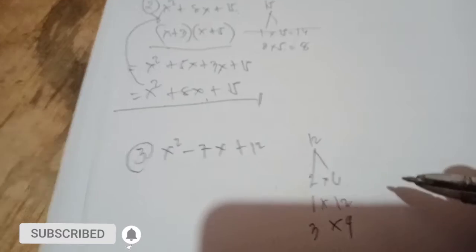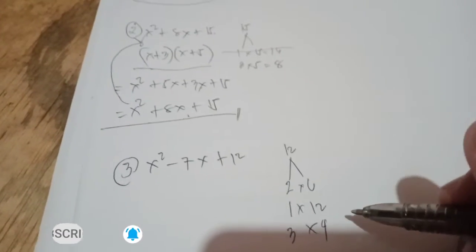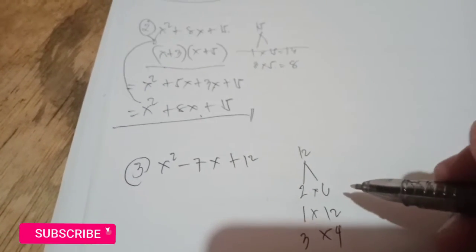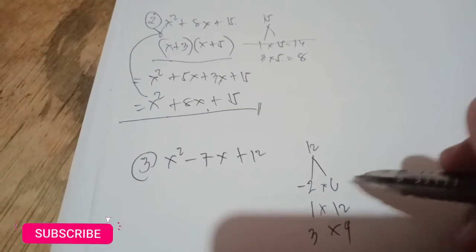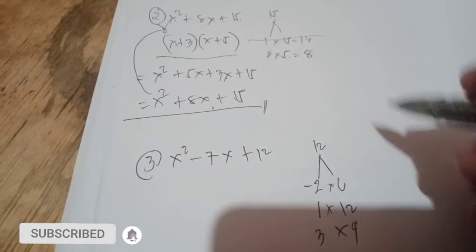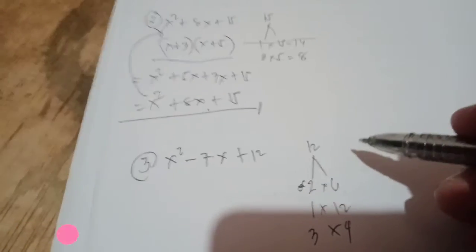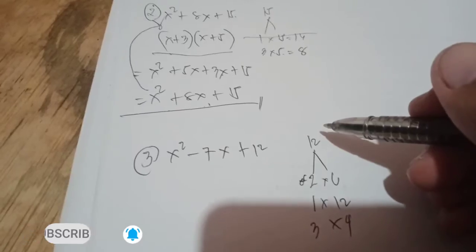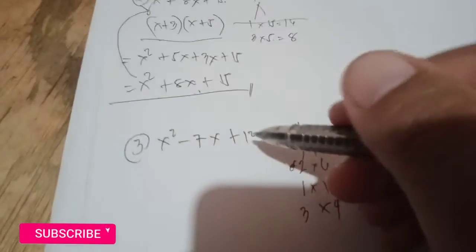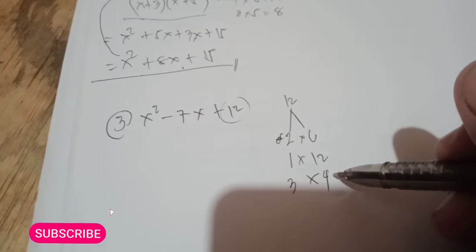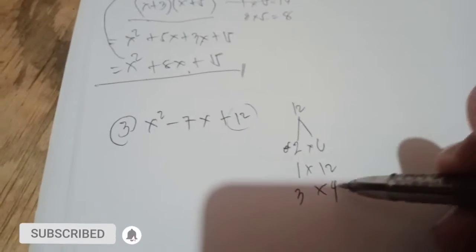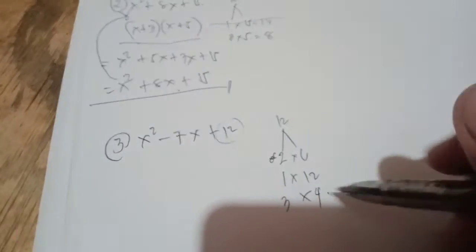Since this is negative, so therefore negative 2 times x, oh no, sorry. Positive 12 is the given real number here. Which one can be equal to 7? So 3 and 4.